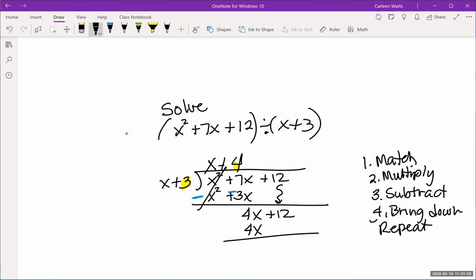Four times x is 4x. 4 times 3 is 12. Make it match, multiply, subtract with a different color to make sure you remembered to go all the way across. Okay, where is the answer?